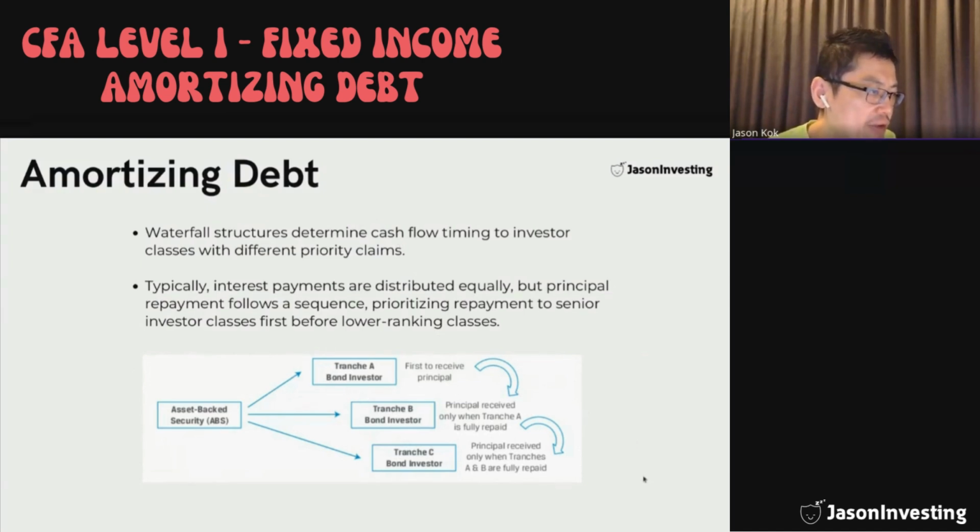So certain tranches, like bond investors that buy a certain tranche, might be more worried about the credit risk, so they want their principal back. And the tranches at the bottom are for investors that don't really want to get their principal back early, but that means they will have more credit risk in that regard, which means that the interest rate they get will be higher, more than in the future.